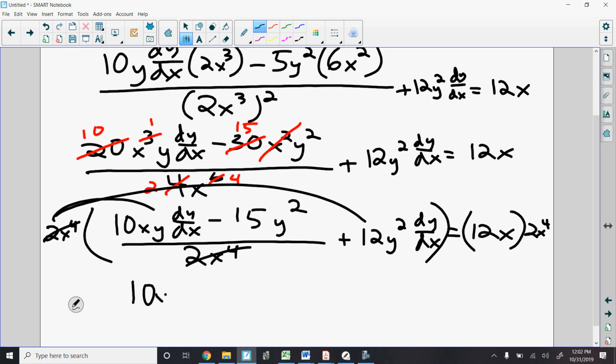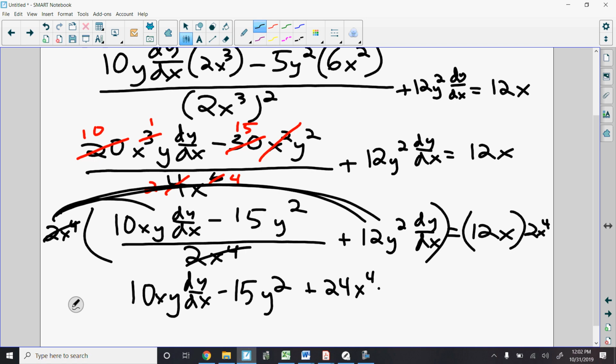I'm going to be left with 10xy dy dx minus 15y squared, right? That's why I did that. When I multiply 2x to the fourth over here, I'm going to get plus 24x to the fourth y squared dy dx equals 24x to the fifth.